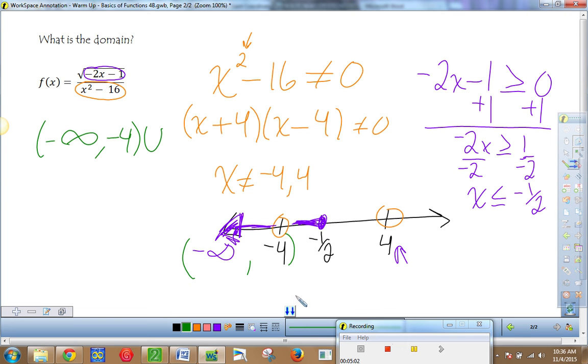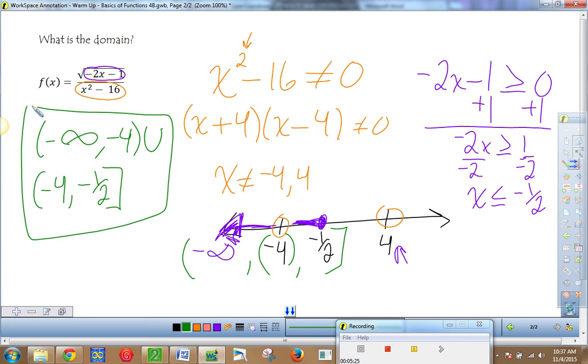That's like saying it's this and this. And then the hard bracket goes on the negative 1/2, and I'll put a soft bracket on that side. So I'll have negative 4 till negative 1/2. Just like that. That is your answer. I know it might look a little foreign.